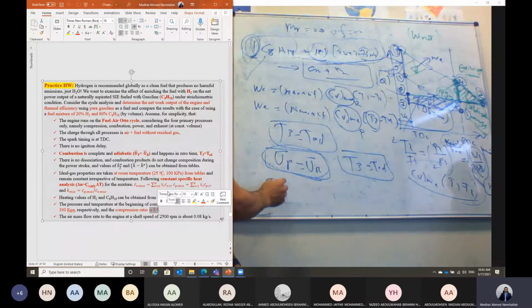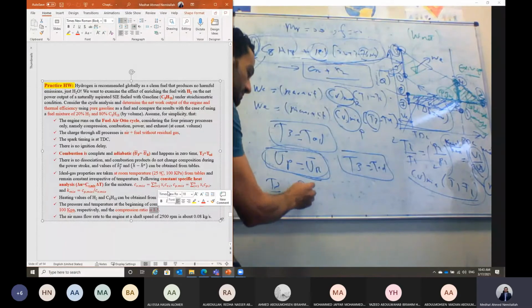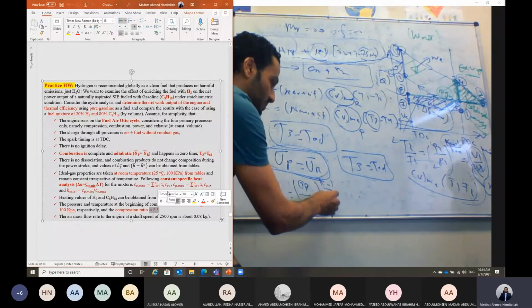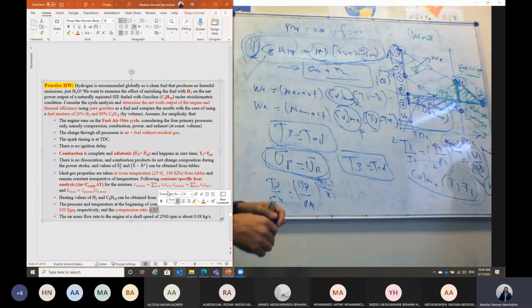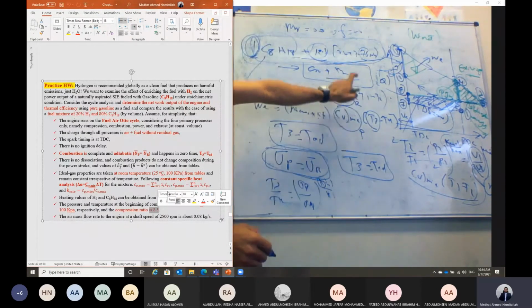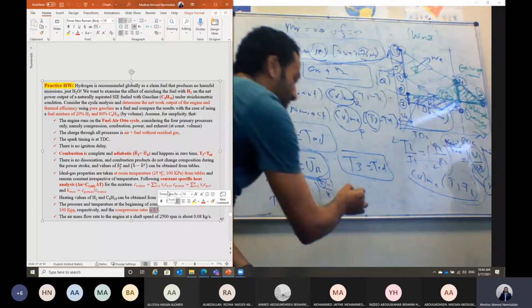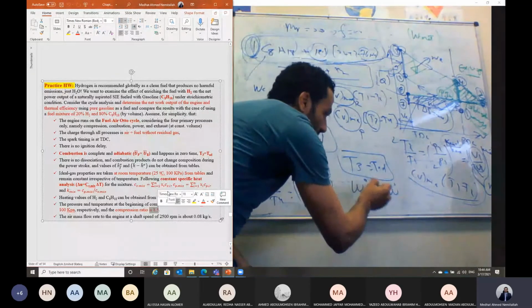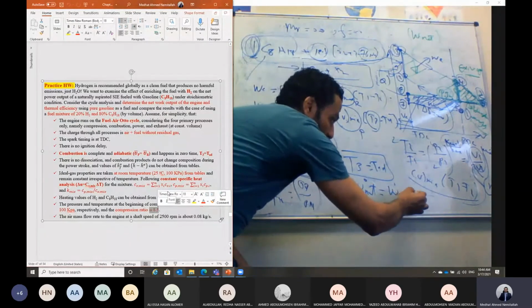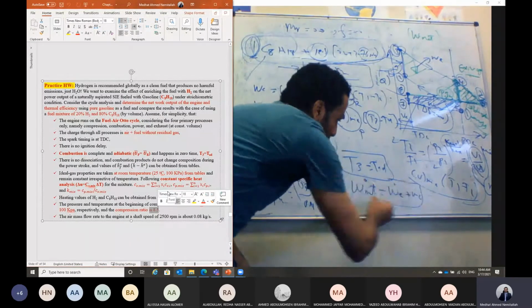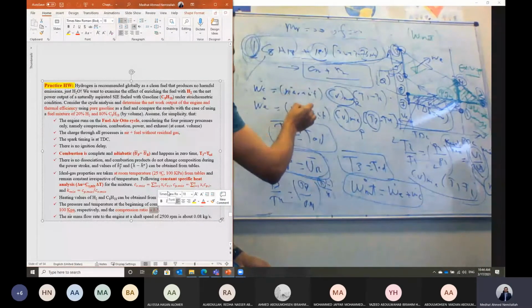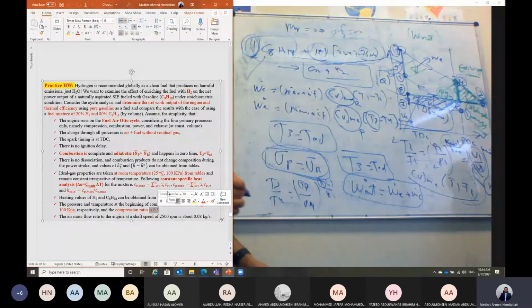Then from 3 to 4, you can say T3 over T4 is equal to V4 over V3 to the power K minus 1, as we used to do. This is K for the mixture, and the mixture is the product in this case. And then at the end, we can calculate the net work, which will equal the rate of net work, work dot expansion plus work dot compression. This is the rate of work, because we have considered here the mass flow rate of air and fuel.